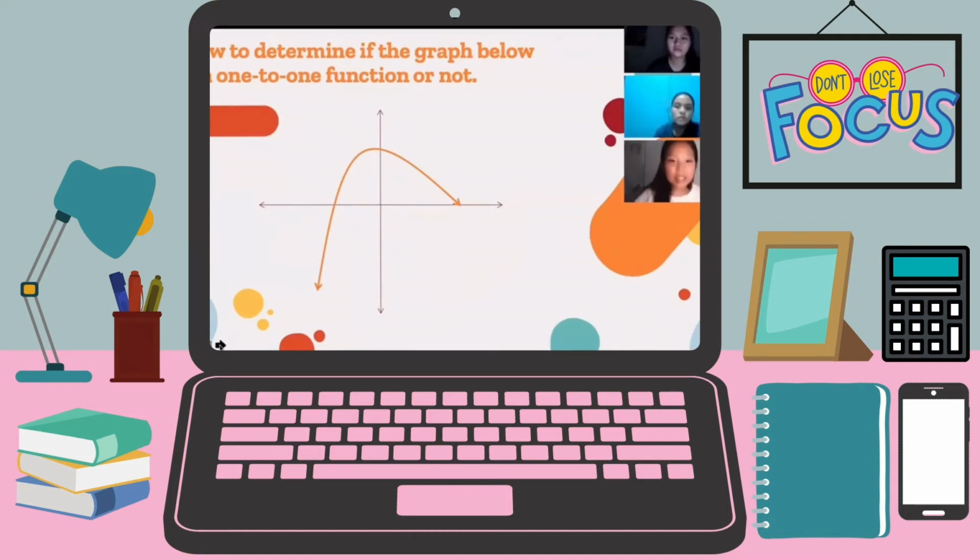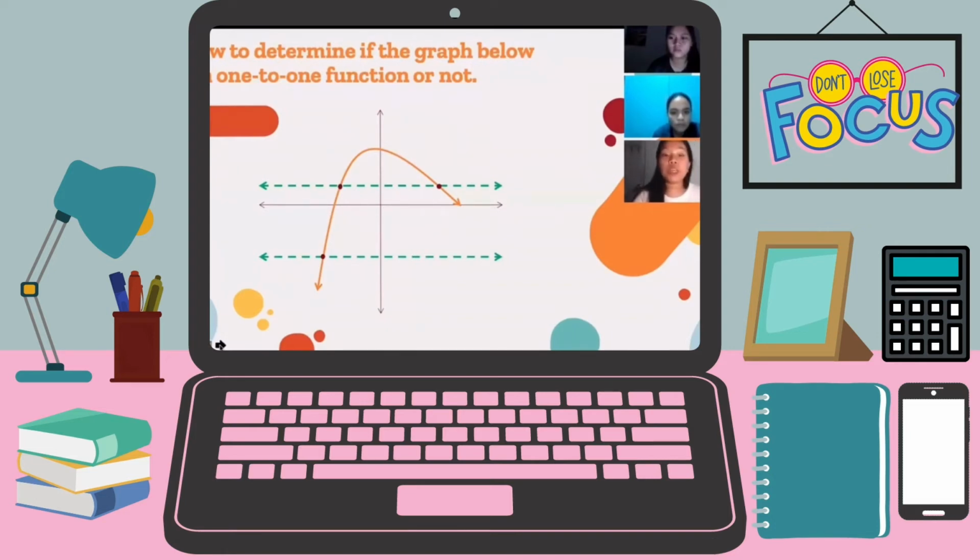As you can see, if I draw a horizontal line here, in the upper horizontal line there are 2 points, which is wrong because we say that in the horizontal line test, there is only 1 corresponding point. But in the lower horizontal line, there is 1 point.